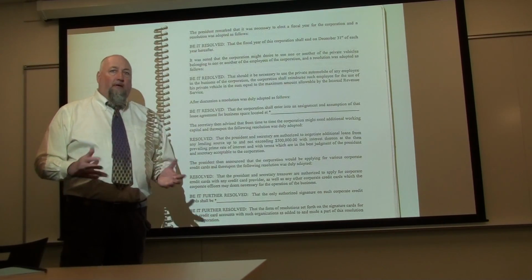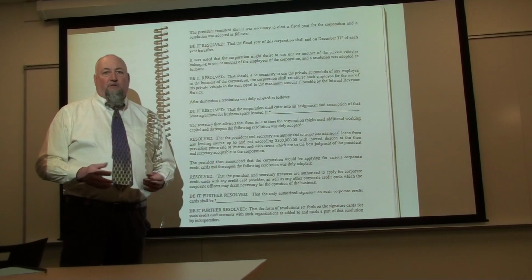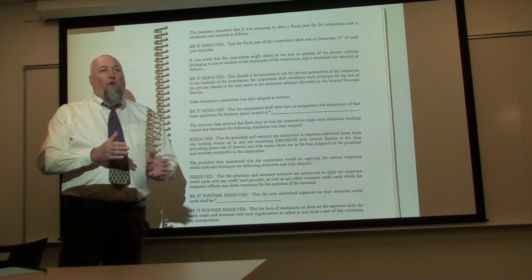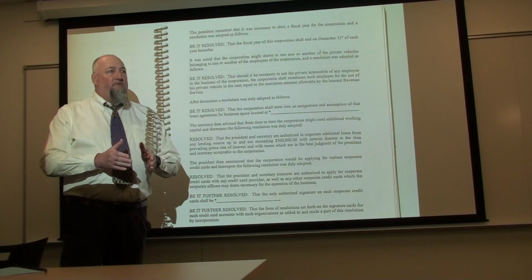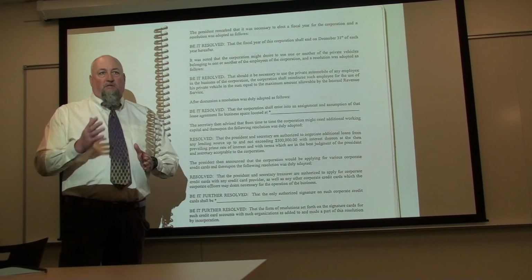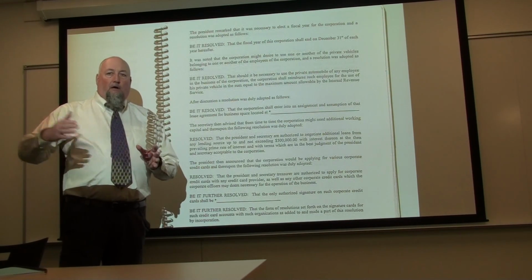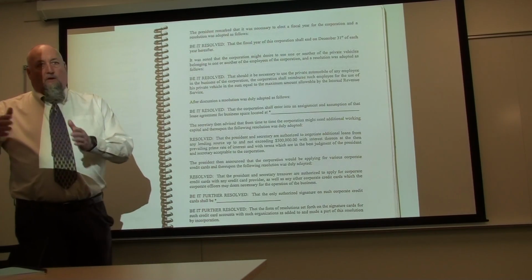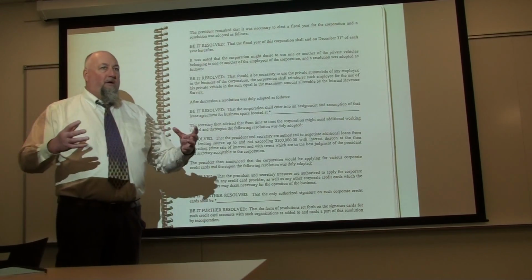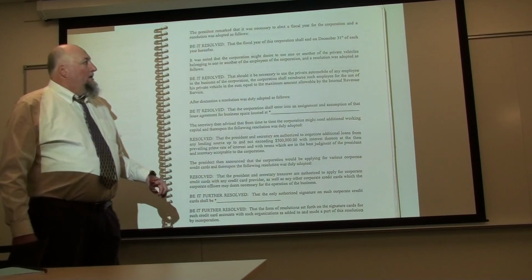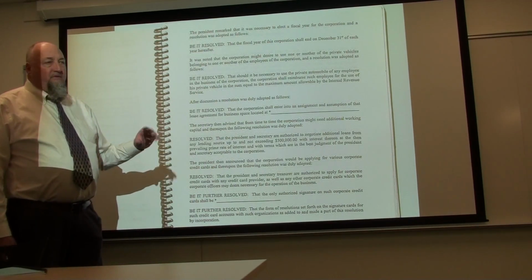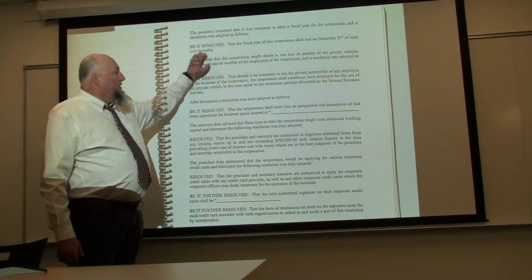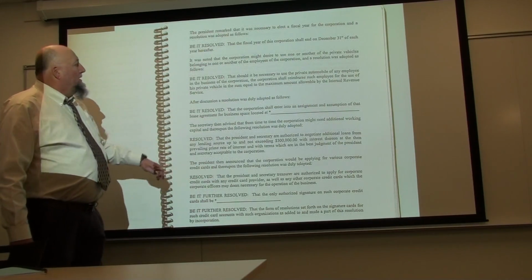Schools often adopt, like Western and Central School District, July 1 through June 30th as a fiscal year. And the reason for that is that way you have all summer term, fall, winter, and spring term all in one accounting year. So there are various reasons to have different fiscal years, but this is where you would make that resolution.